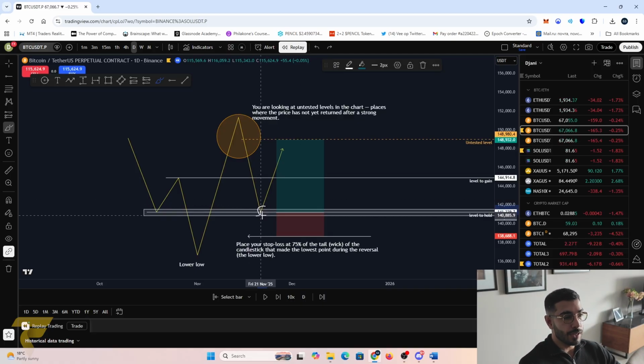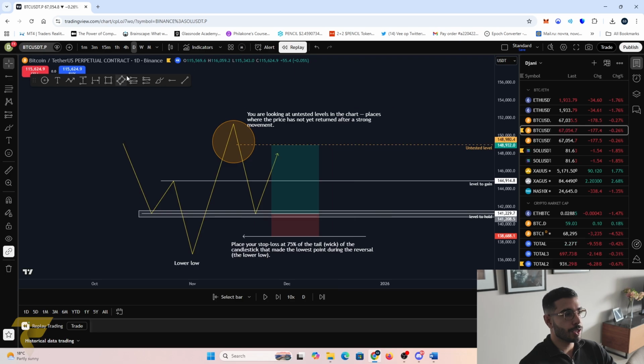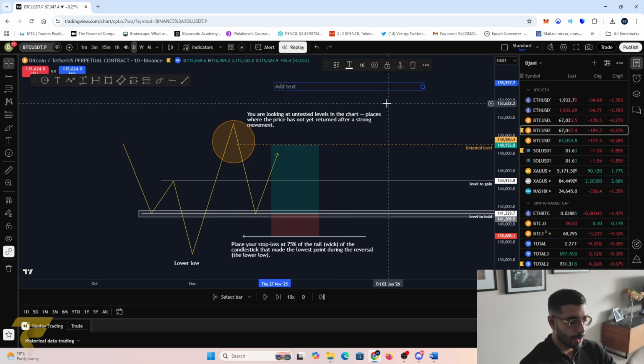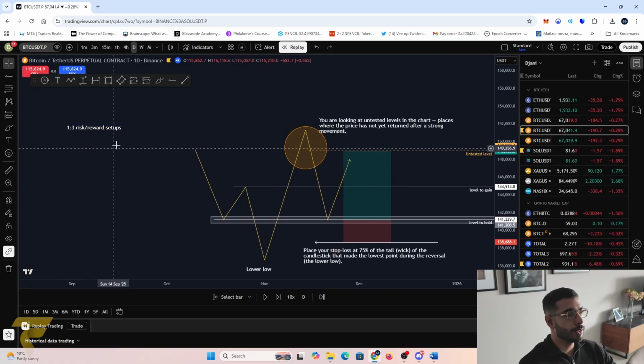So if we know the entry, and most importantly the take profit, then we have a clean, clear, proper trading plan. That's how we want to trade. And we should always try to focus on 1 to 3 risk reward setups. This is also part of risk management, of course.